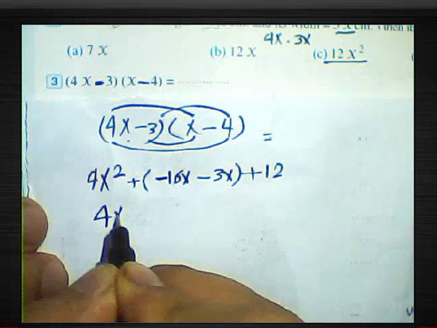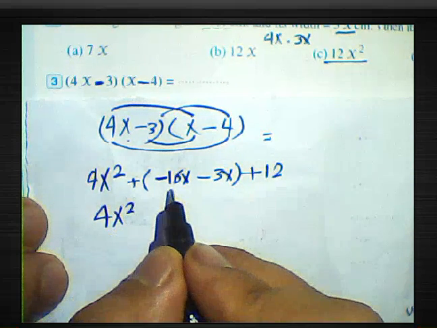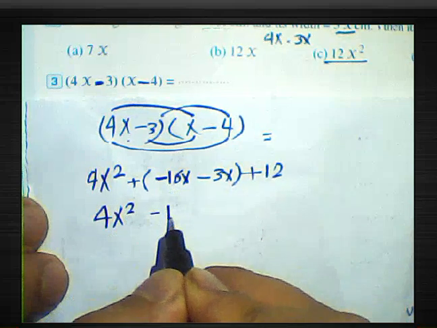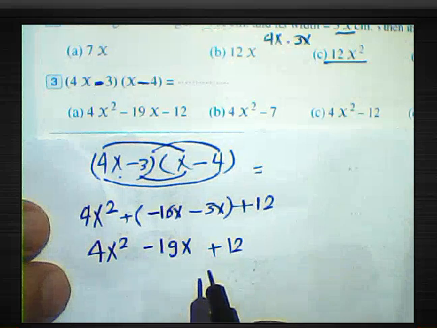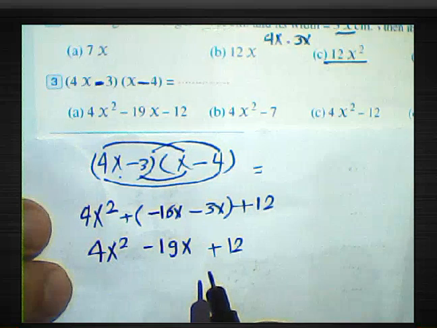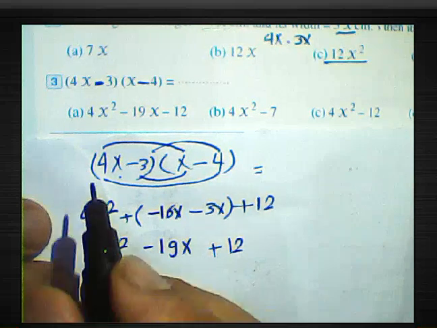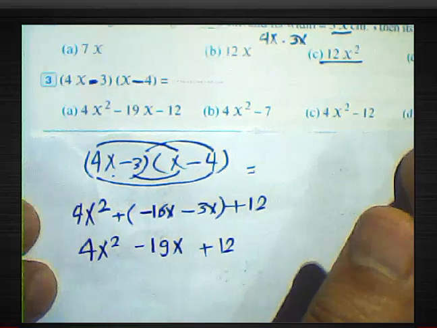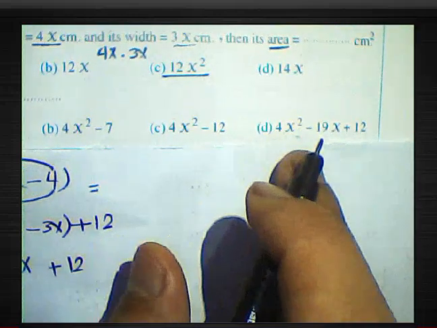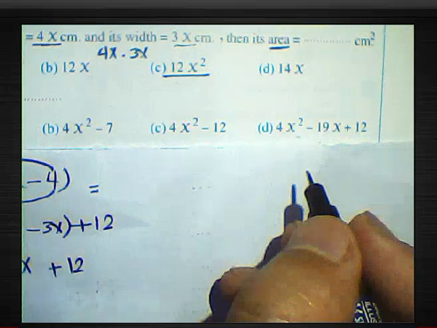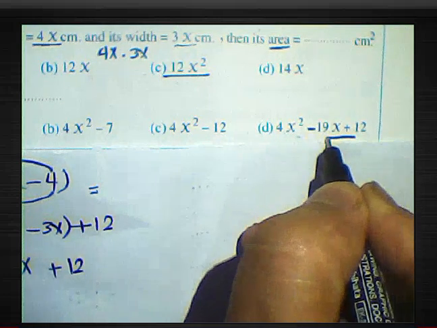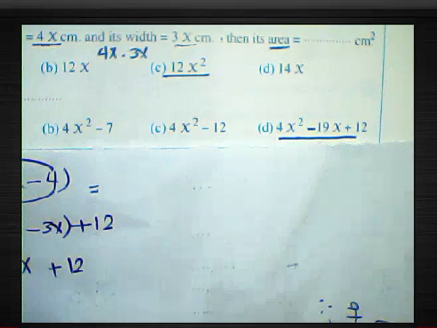We can write 4x power 2 and negative 16x minus 3x equals negative 19x, plus 12. Okay, this is the result of this example. We must choose letter what? Letter D here: 4x power 2 minus 19x plus 12.